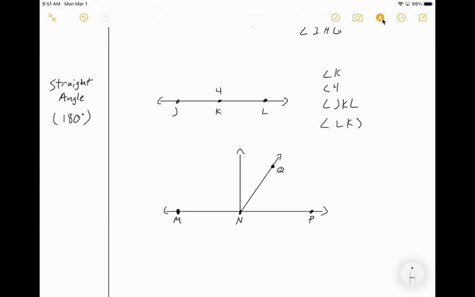Go ahead and draw this little diagram here. I forgot also this little box means 90 degrees. So if you ever see that box, that means you have a 90-degree angle. All right. Go ahead and just kind of sketch this little diagram. It's okay if it doesn't look exactly like mine.